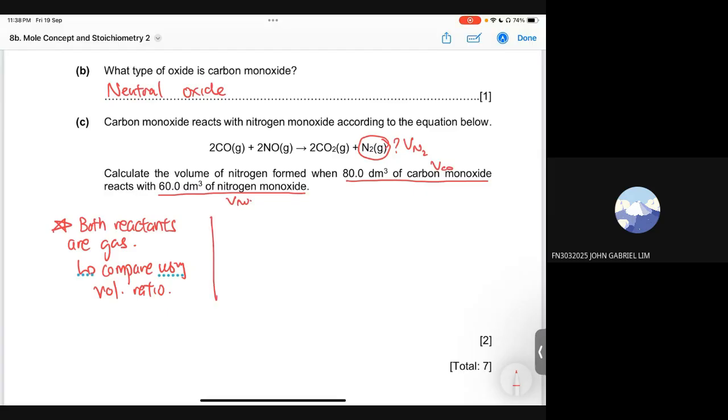So now I'm going to show you a shortcut. In this case, I'm going to compare the volume of CO to the volume of NO. This is 80 to 60.